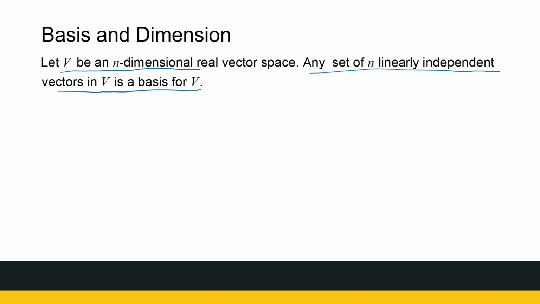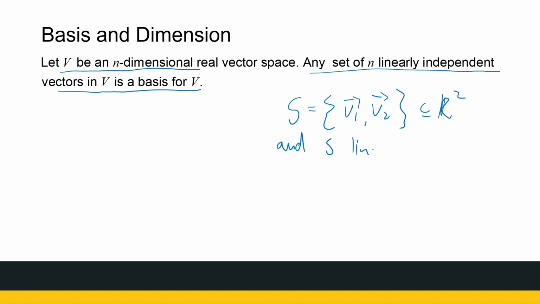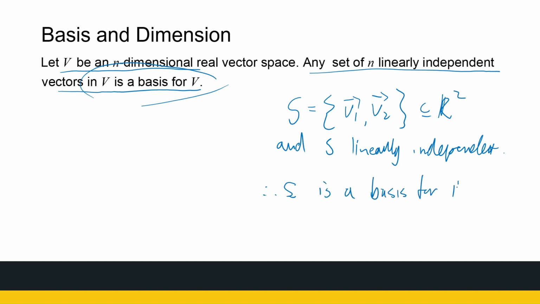So what we're saying is, if the number of elements of my set is right, so if I've got a subset, let's say S, a subset of R2, has V1 and V2, and I know S is linearly independent, then I can conclude that it'll form a basis for R2.